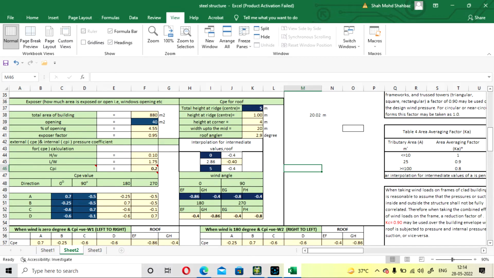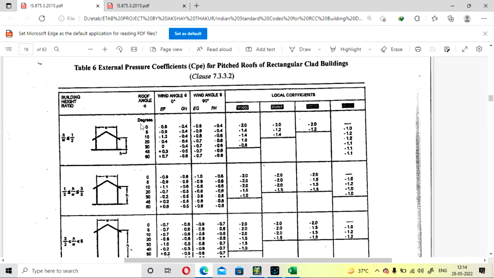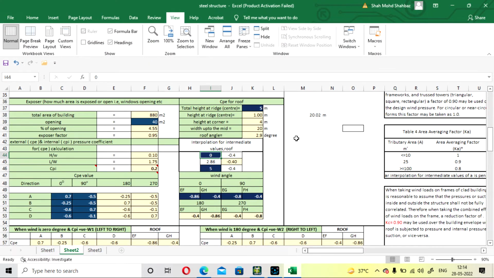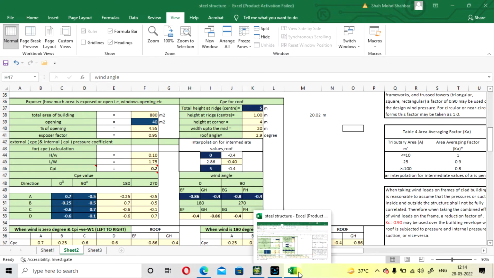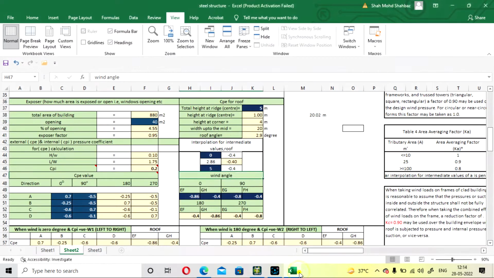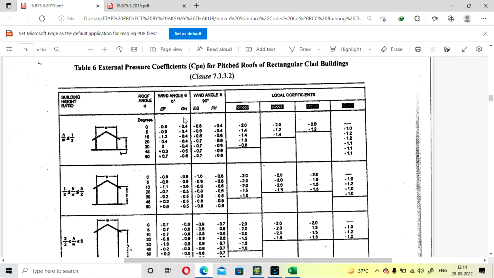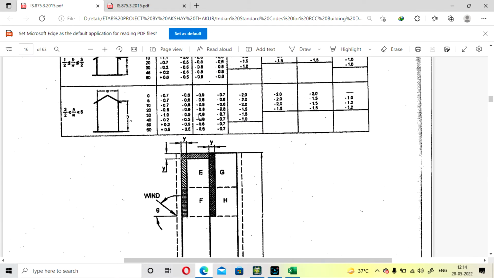And so you have to interpolate between the above and the bottom value, that is degree 0 and 5, because our degree is coming between this. So 0 and 5 you have to interpolate by yourself. In similar ways, if you are going with the angle, that is EFGH. What is EF?